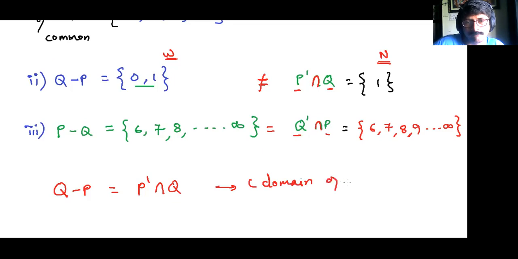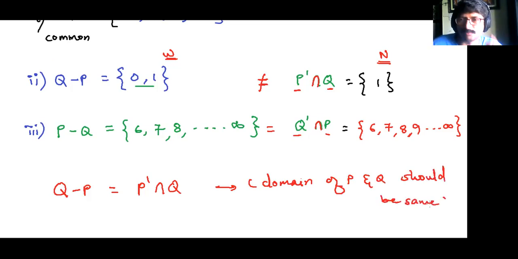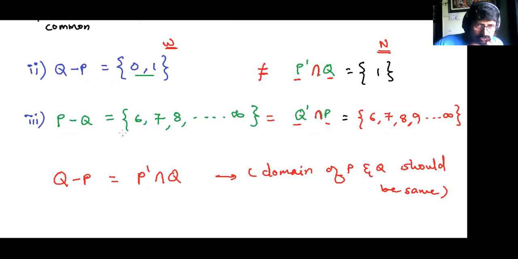the domain of P and Q should be same. Both should be from real numbers or both should be from the natural numbers, something like that. We've learned in yesterday's class what is domain. And what is the second relation, guys? Look at this. P minus Q is same as Q complement intersection P. So you'll have to remember these formulas very well, guys.